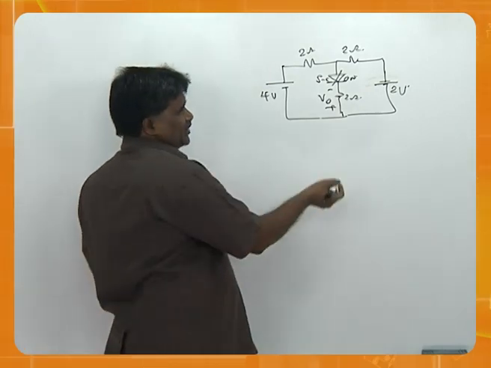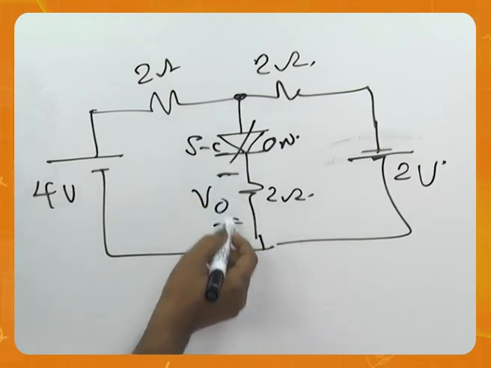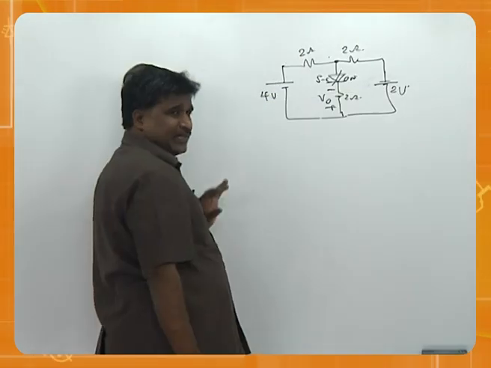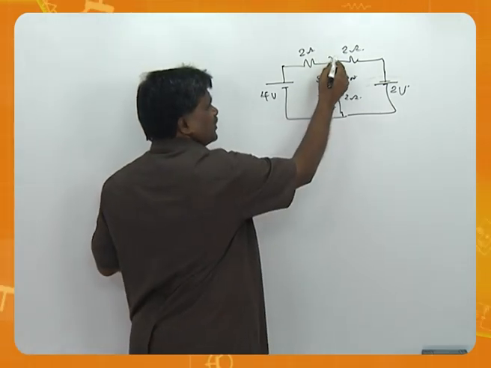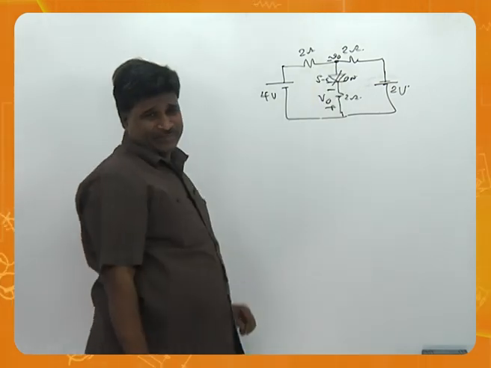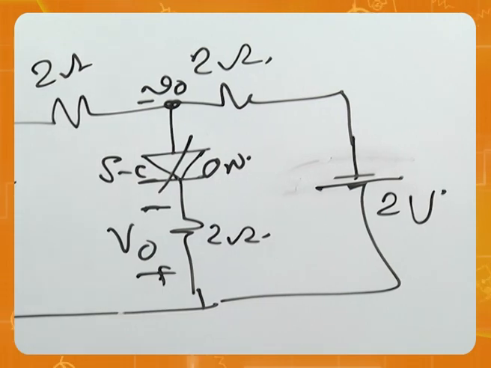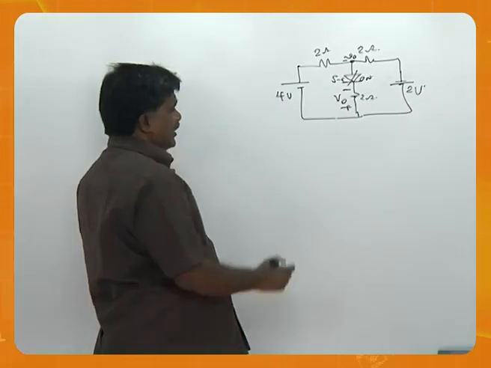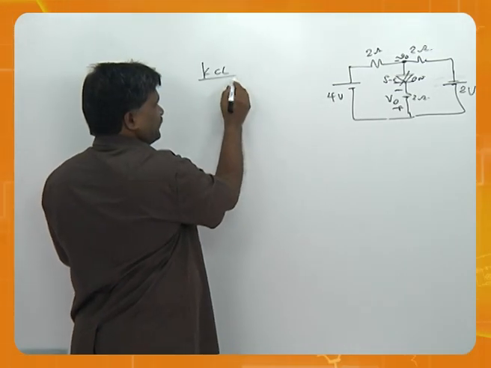Now you just calculate. You can say this V0 is directly here, but instead we will do one thing. If you say this is V0 here, this is a negative voltage, remember, because the polarity says it is minus, so let us say minus V0 is there. Now I am going to apply Kirchhoff's current law.